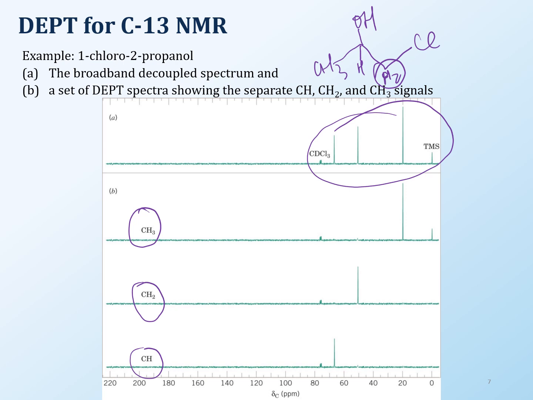The computer will assign for you which one is the CH3 peak and which one is the CH peak. It becomes a lot easier to start analyzing your carbon 13 NMR, because you can see which carbon is the most downfield shifted and which one has more hydrogens. So anyway, it helps.